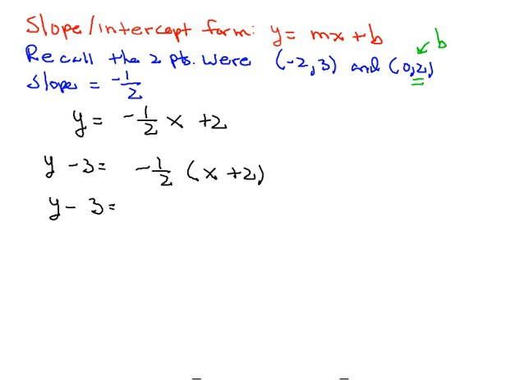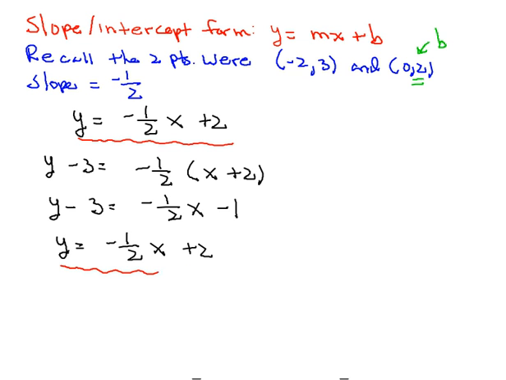So we distribute on the right hand side, we end up with -1/2 x minus 1, and if we add 3 to each member, we end up with y is equal to -1/2 x then plus 2. So you can see that we end up with the same result either way, but certainly if we're given the y-intercept initially, it's an awful lot easier to use that point rather than go through the extra computation we just did using the other point.